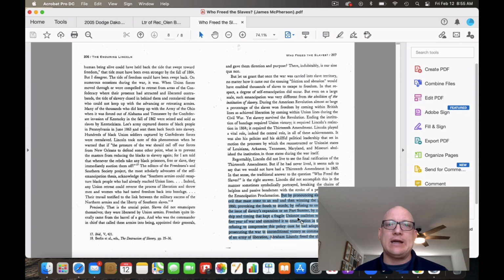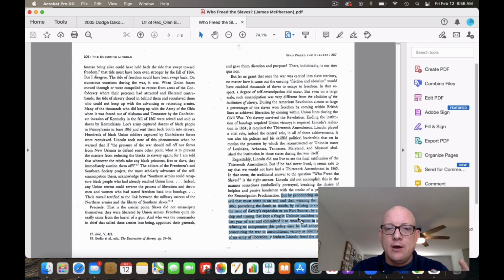He knew he had to keep that Unionist coalition together, even though some of those states, those loyal states, were slave-owning states. And so he had to really walk this tightrope, right, of being anti-slavery and anti-expansion of slavery, but not alienate these loyal slave states and just throw them into the open arms of the Confederacy, right?